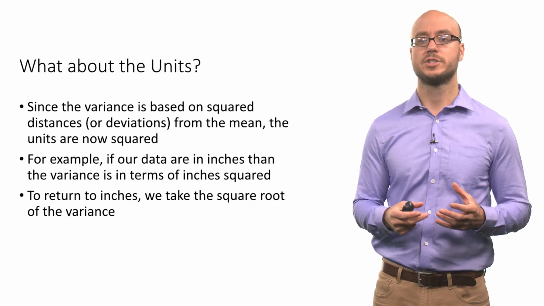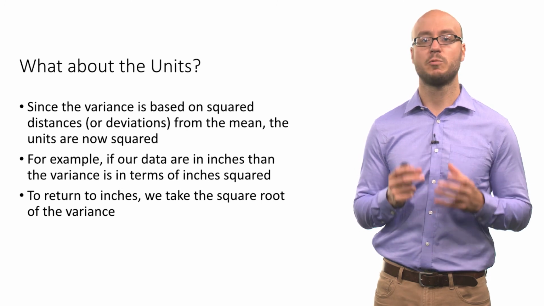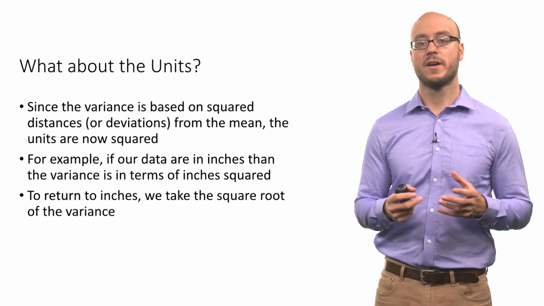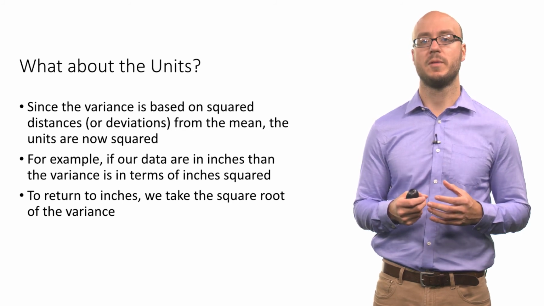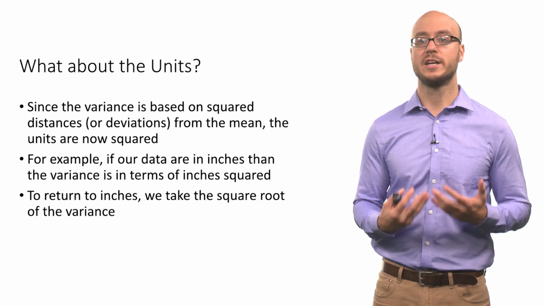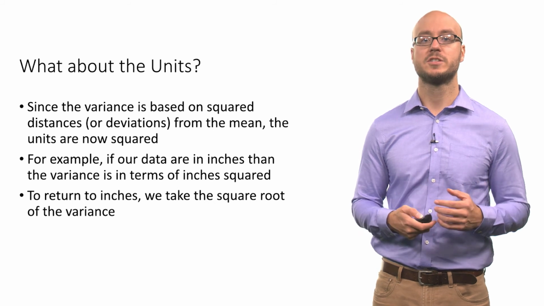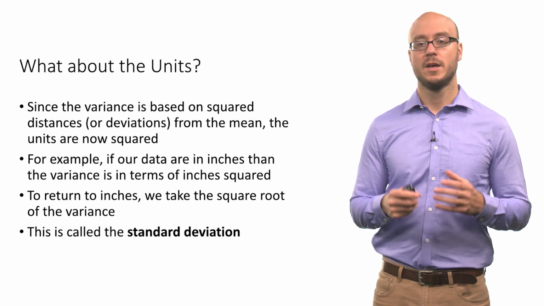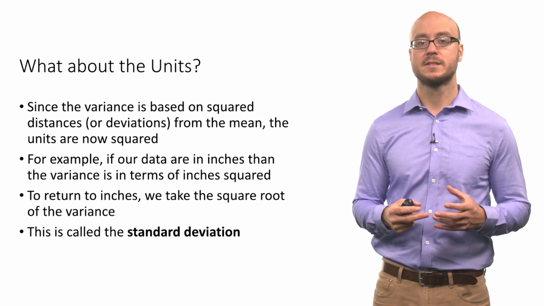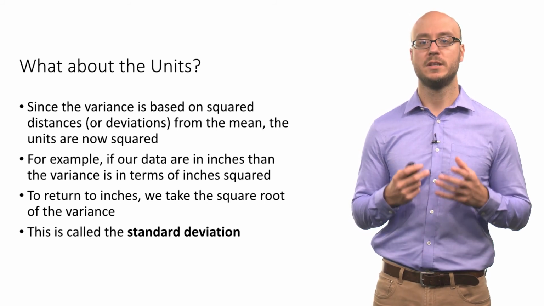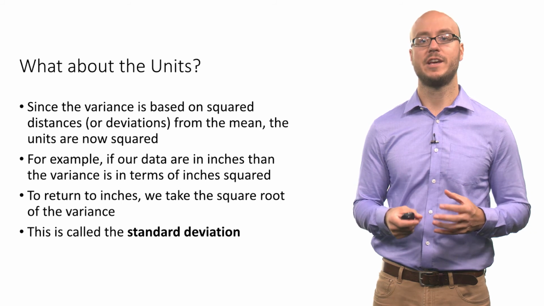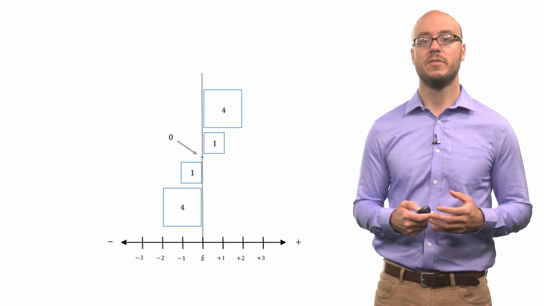A simple solution is just to take the square root of the variance. The variance is based on squaring the deviations or distances from the mean. So to undo that squaring, we just take the square root of the variance. When we take the square root of the variance, we create a measure of variation called the standard deviation. So the standard deviation is just the square root of the variance.